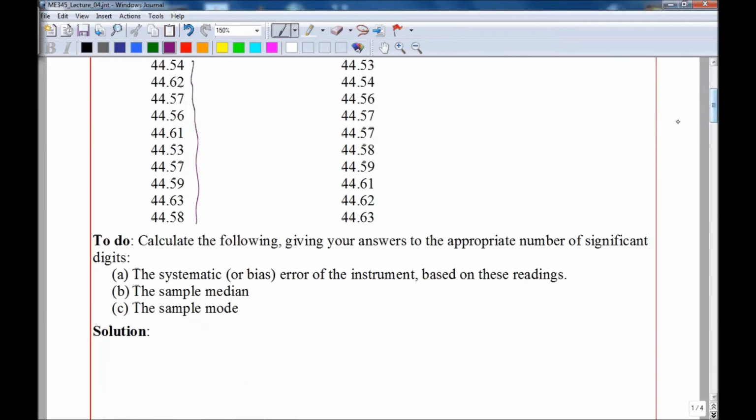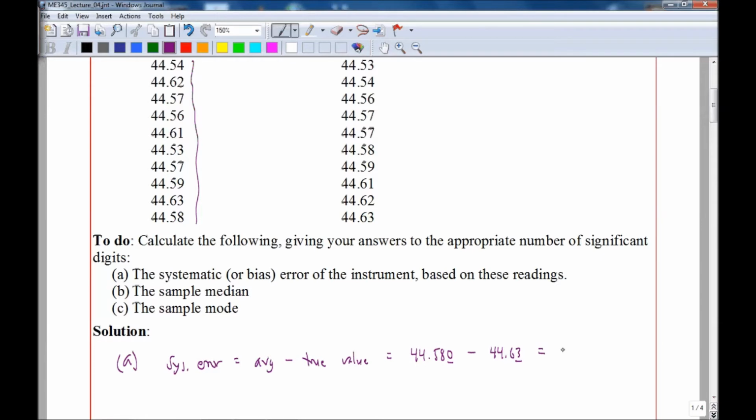Okay, well, the systematic or bias error is defined as the average of the readings minus the true value. So here, the average is 44.580, and the true value is 44.63 to 4 significant digits.